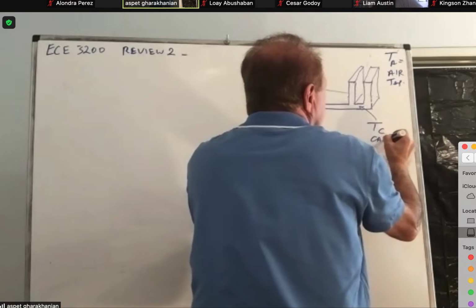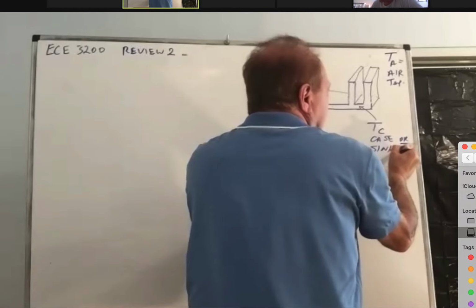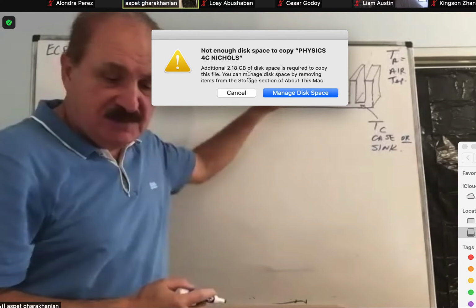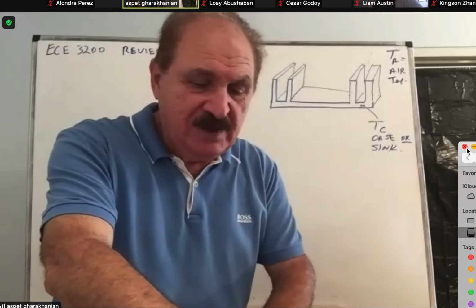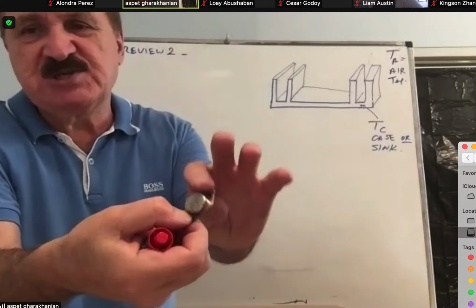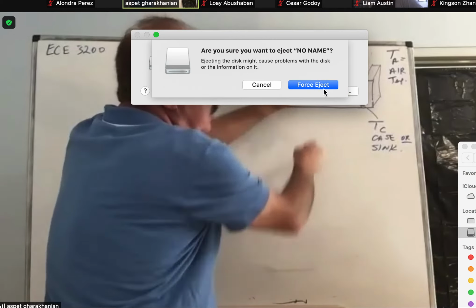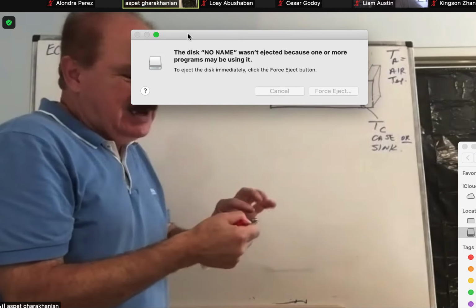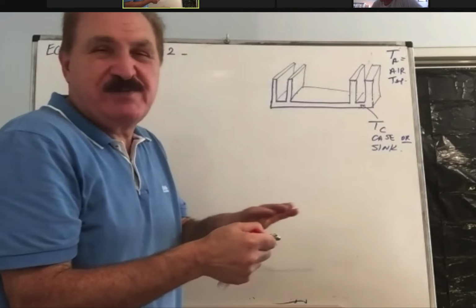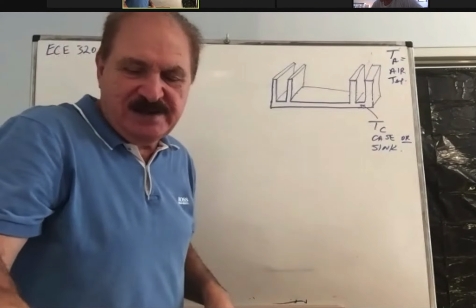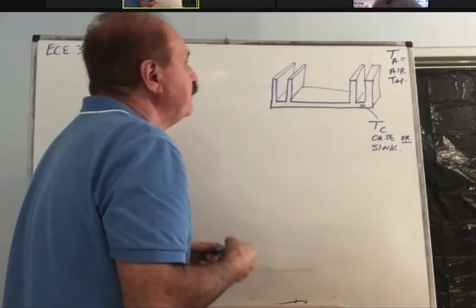This is case or sink. We take both of them approximately the same for the reason that I explained. The casing of that transistor, when it touches the sink, it's installed on the sink through the holes, of course. It practically makes the case temperature and the sink temperature nearly identical. There's also a gradient, but nearly identical.